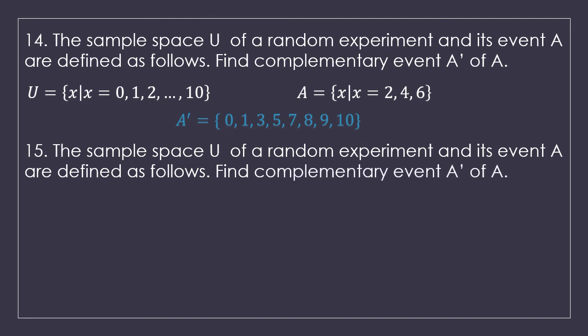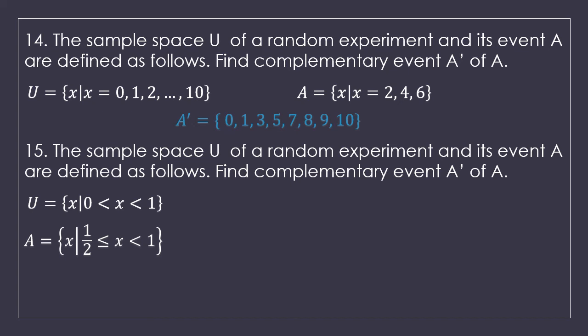Find complementary event A dash of A. Now you might think it's a similar sum, but looking at the picture here, U is a value between 0 and 1, and now of course there is no integer between 0 and 1, and there is no mention that it's an integer, so that means it's a real number, and between 0 and 1 it can assume infinite values, whereas A is 1/2 ≤ x < 1. Okay, so U is between 0 and 1 while A is half to 1.